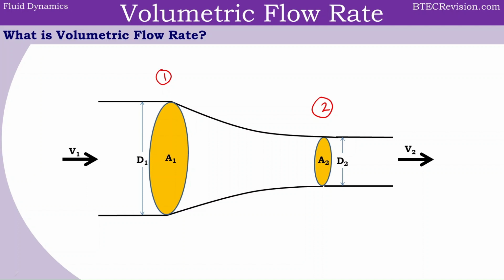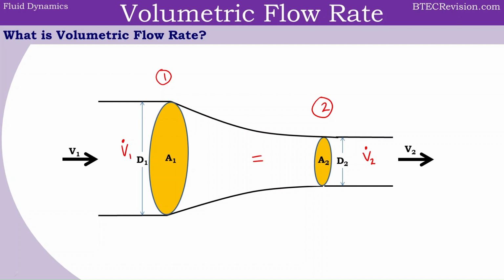So on the left side, we have V dot, which represents the volumetric flow rate. We'll label that as 1 for position 1. And on the right, we'll do a similar thing, V dot 2. And the key thing about this lesson is that these two values must be equal.